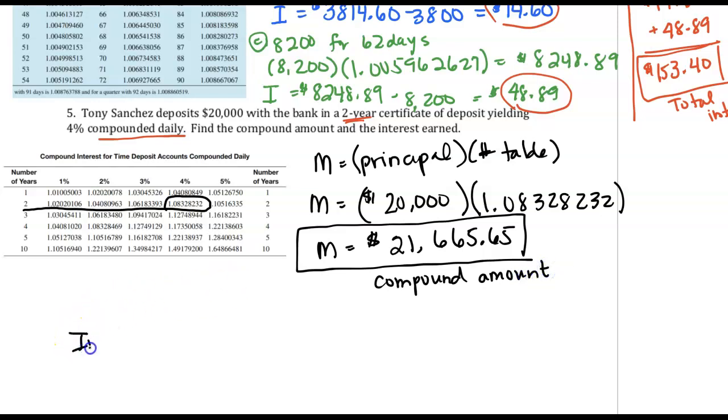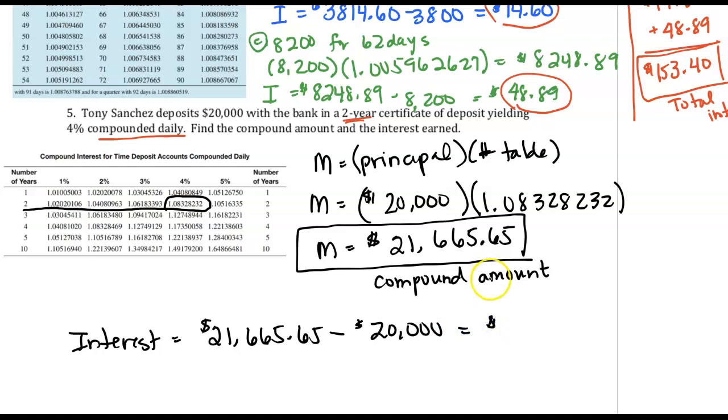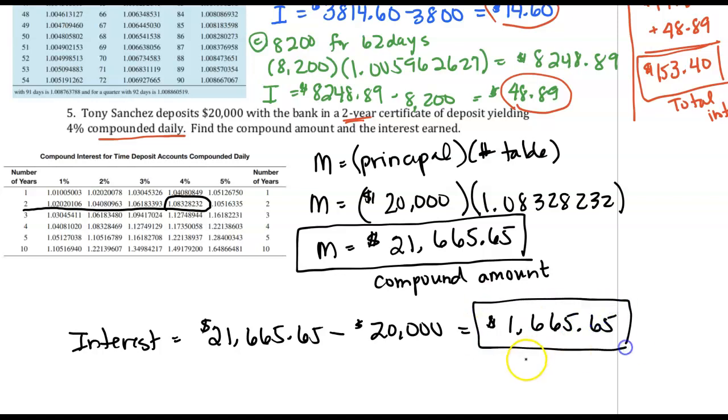To find the interest earned, we're going to take the amount at the end of the account and subtract the amount that was originally invested. And the difference of $1,665.65 is the interest only.